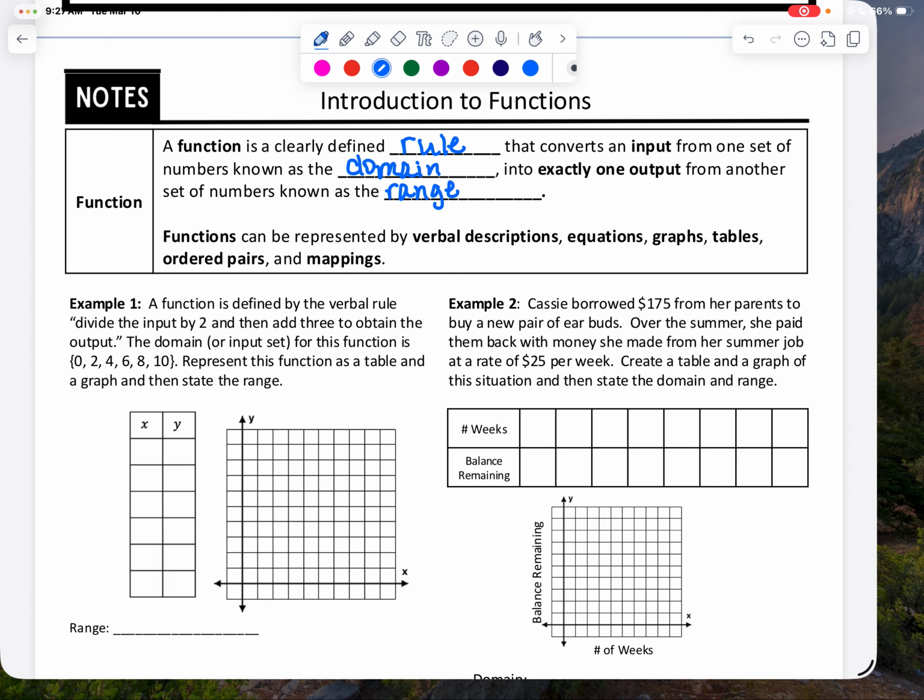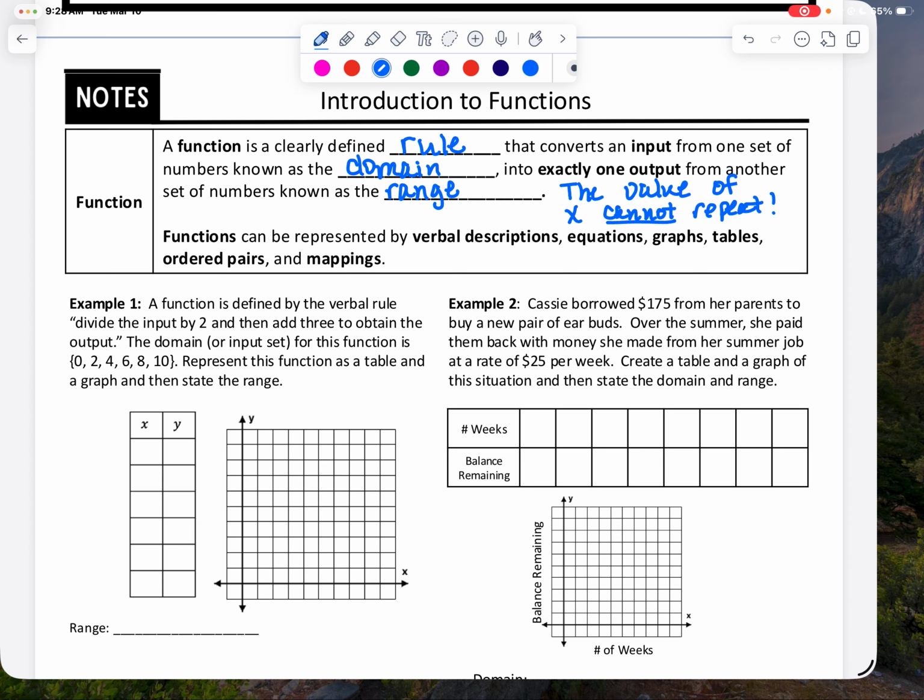Now, for a relationship to be a function, the value of x cannot repeat. And we'll talk about that more in just a minute, okay?